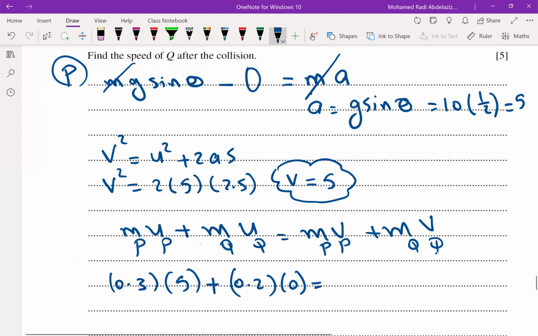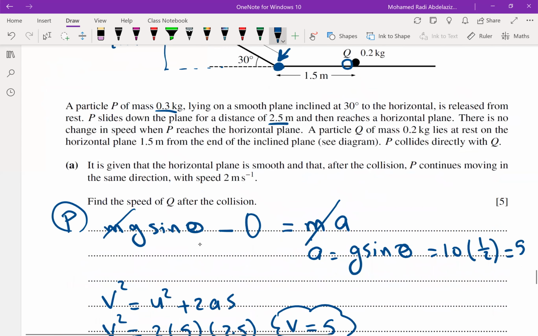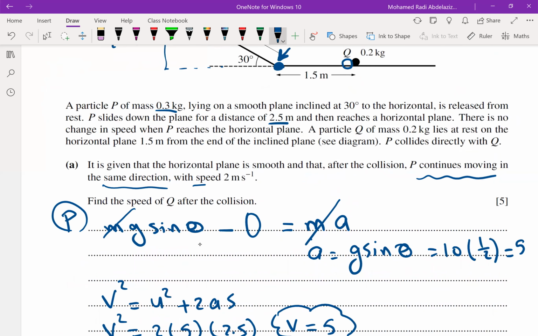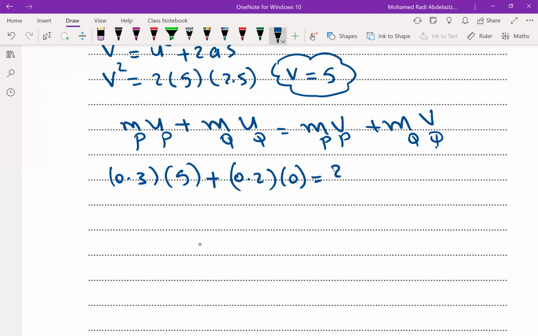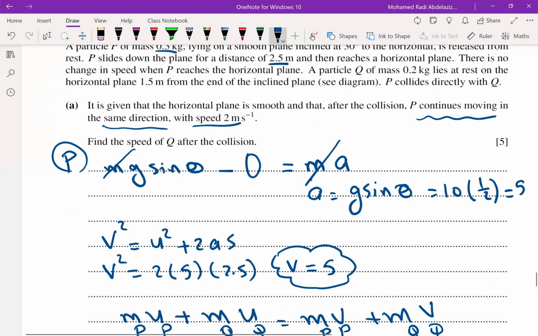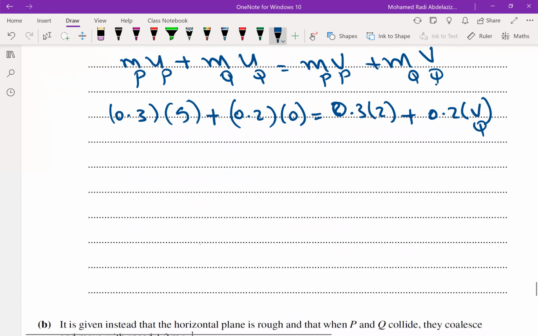It's given that P continues to move in the same direction, but the speed now is 2. So 0.3 times 2 plus 0.2 times V of Q. We are asked to find the speed of Q after the collision.